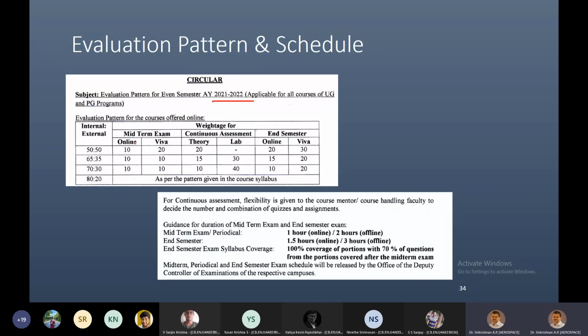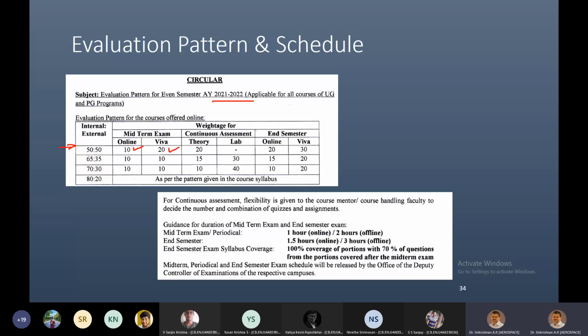Forget about this. The weightage is for the midterm exam. We have the internal to external split as 50-50, so we just go by the first row. For all these courses which have the 50-50 pattern, we have a midterm exam. The online component is 10, the viva is 20. This continues as earlier, but I'm just highlighting it again.